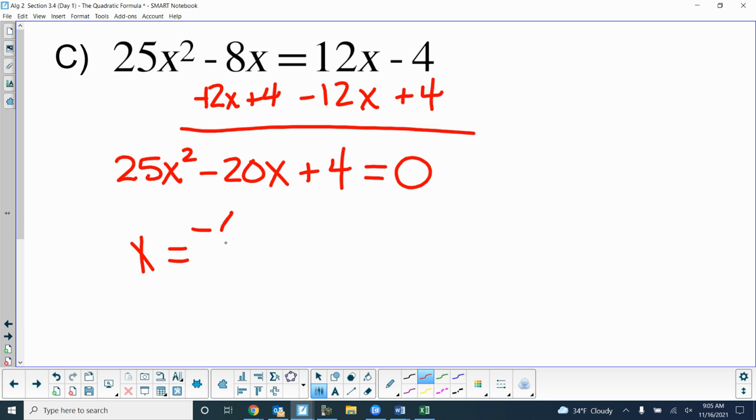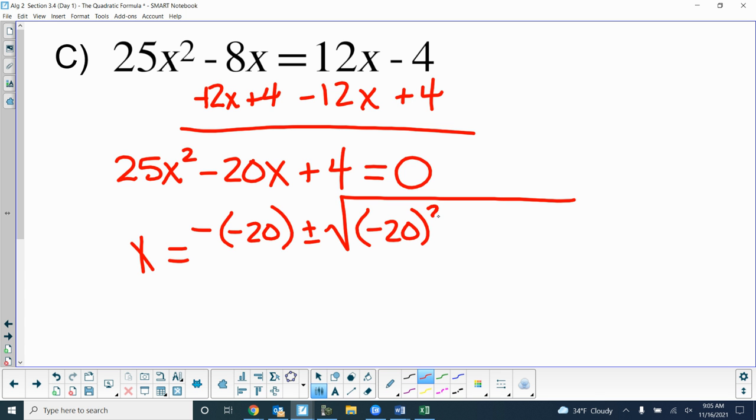So negative b, and b is negative 20, plus or minus the square root of b, which is negative 20 squared. Okay, again, that's what I was talking about. Some of you had negative 400 there. Okay, that is never a negative answer.